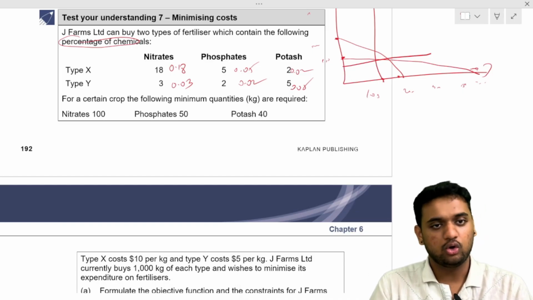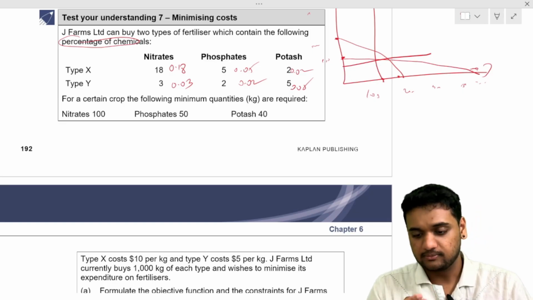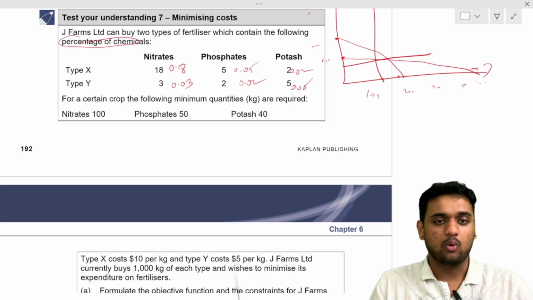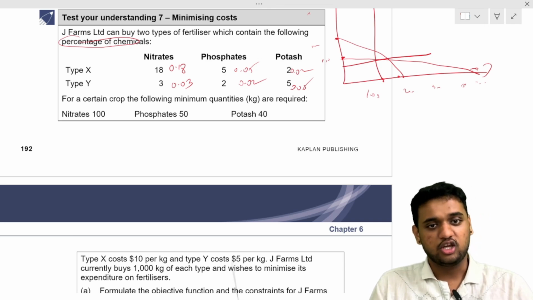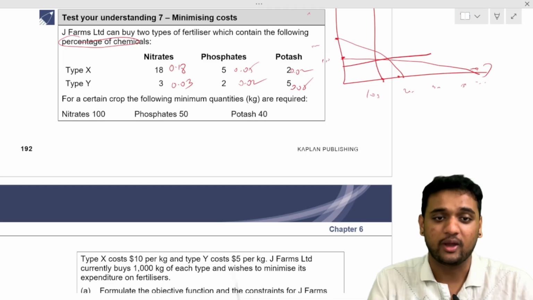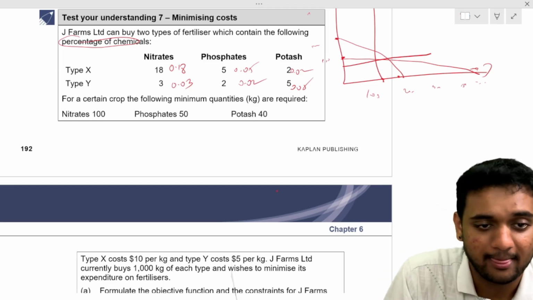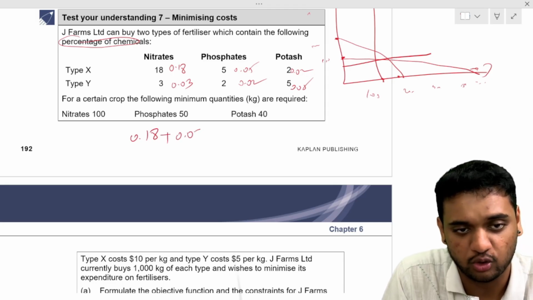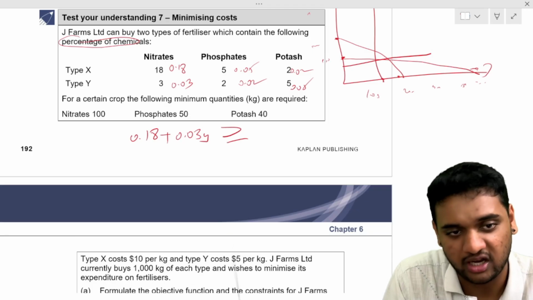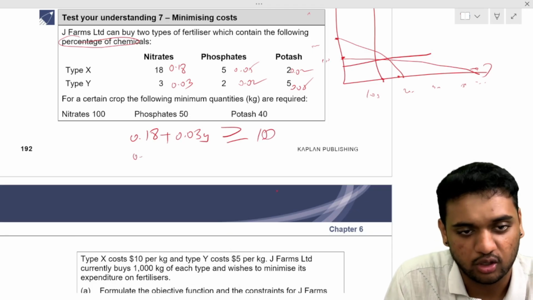So 0.18x plus 0.03y should be more than or equal to 100. 0.05x plus 0.02y should be more than or equal to 50. Is that right?